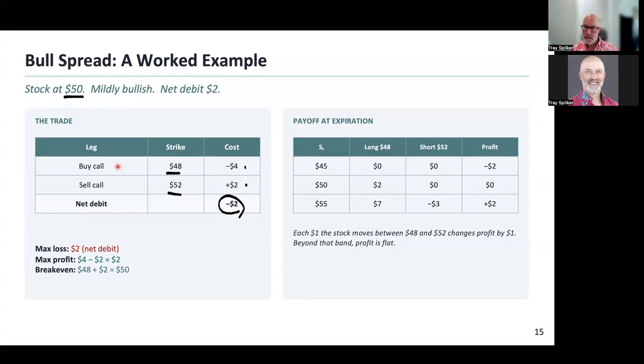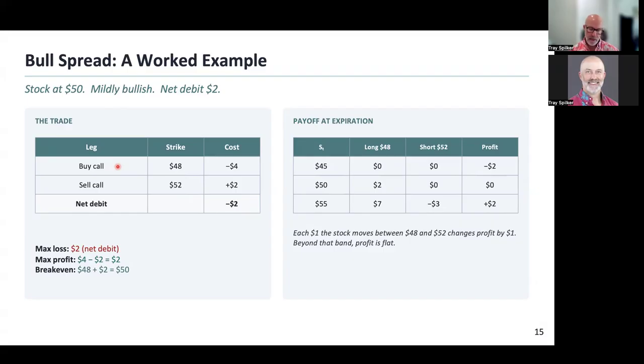Our max loss, of course, is going to take place when the share price is below the lower strike price. That occurs when the share price is at $45. In this little example, at $45, our max loss is $2 per unit, or $200 per contract because the multiplier is 100.